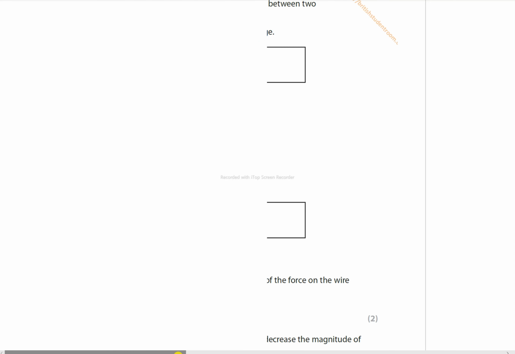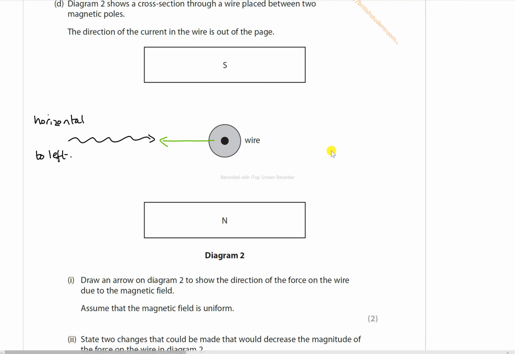So let's go back. We know that the field always goes from north to south. Here, they've said the current is coming out of the page, so just pretend it's coming up towards us.